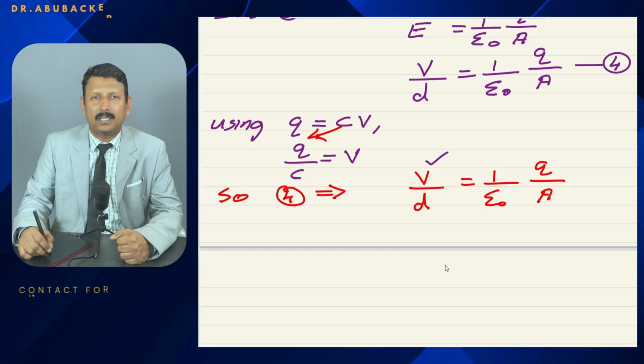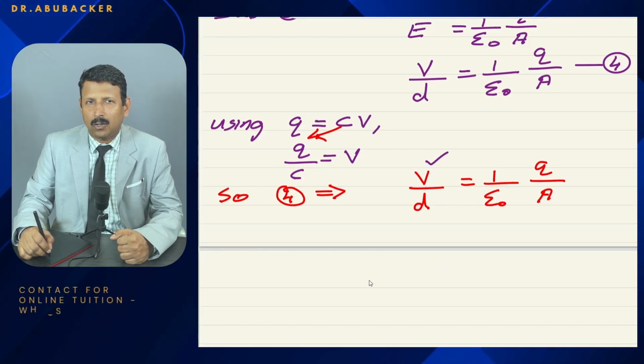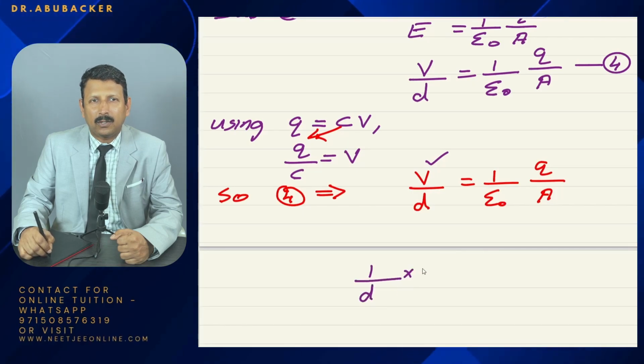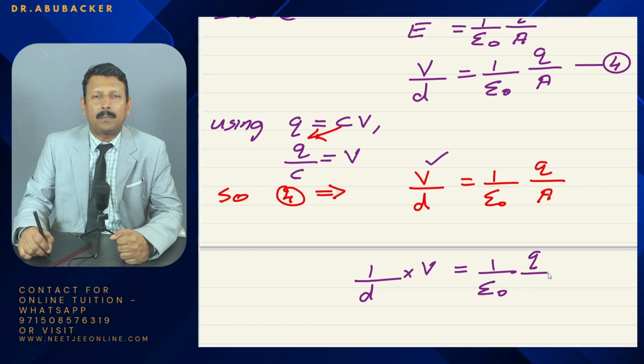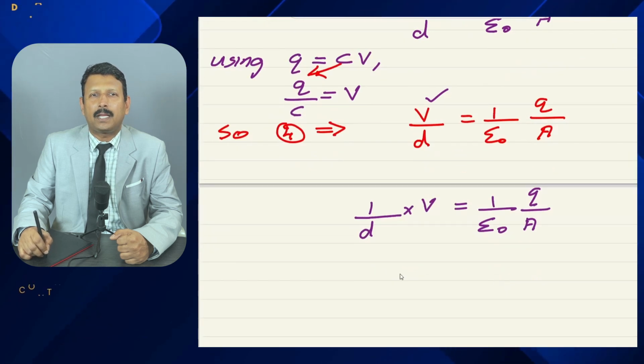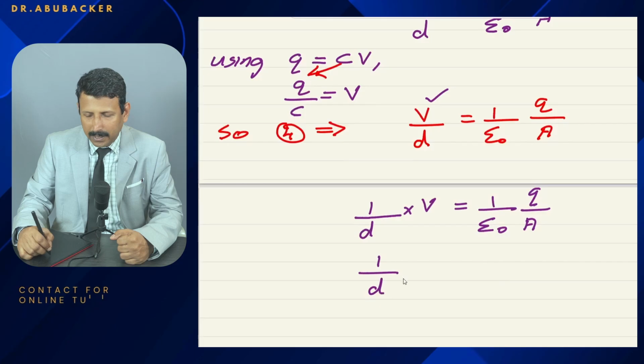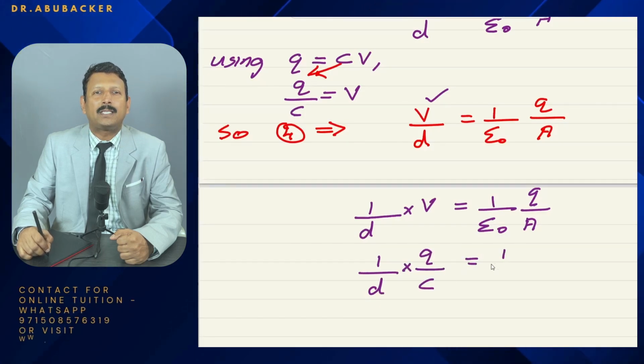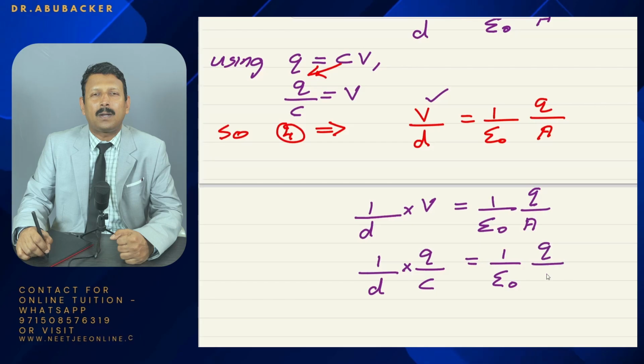So you can write 1 by D into V, or V into 1 by D, and I prefer to write 1 by D into V. Both are the same. Right side is 1 by epsilon 0 times Q divided by A. Now in the place of V, we can substitute Q by C. So Q by C is equal to 1 by epsilon 0 times Q by A.